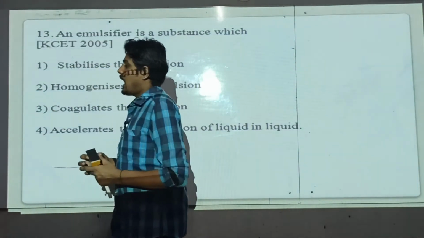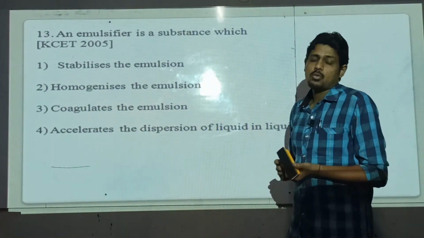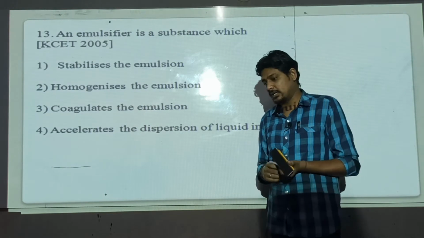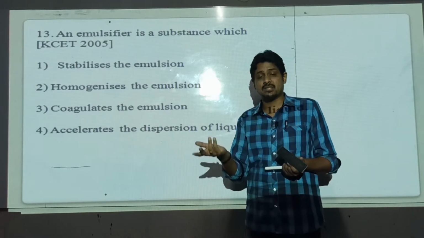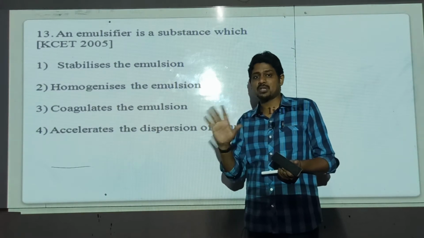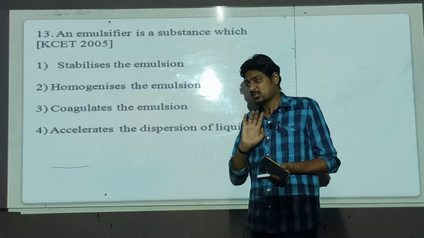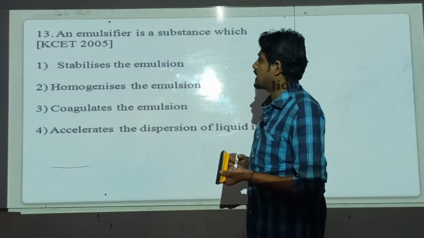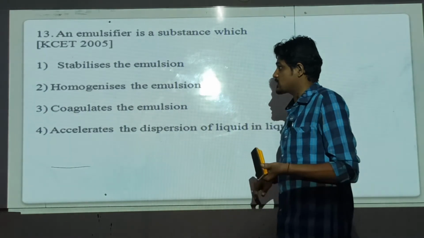An emulsifier is a substance which, what is an emulsifier? An emulsifier is an agent present in an emulsion which stabilizes the dispersed phase and dispersion medium. So among these, what is the answer? First one, stabilizes the emulsion. But look into the other options.